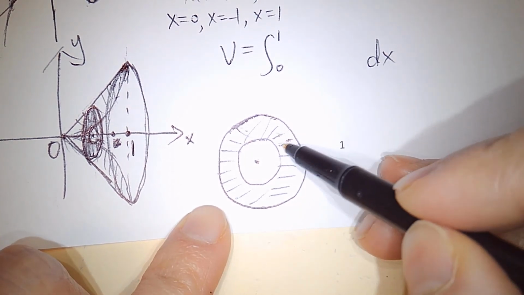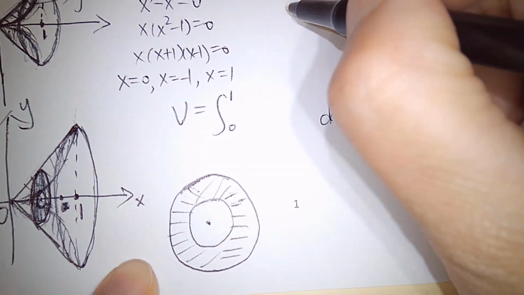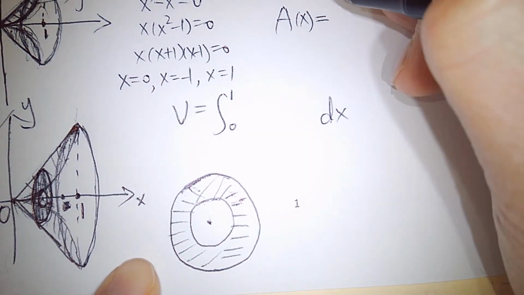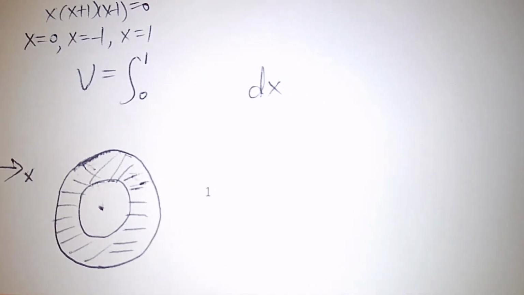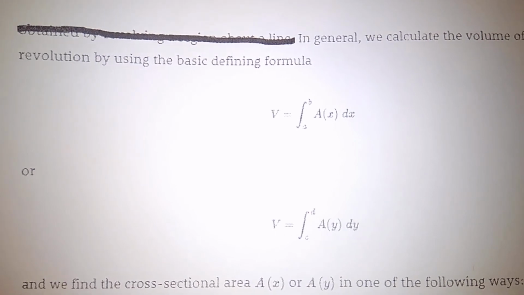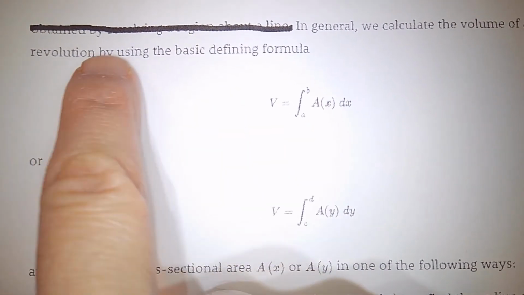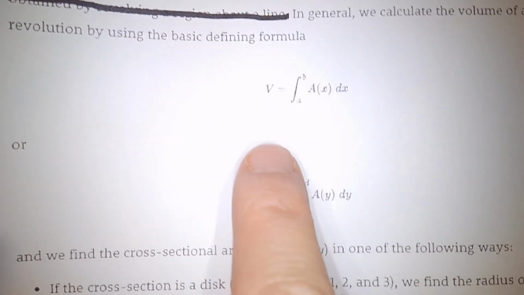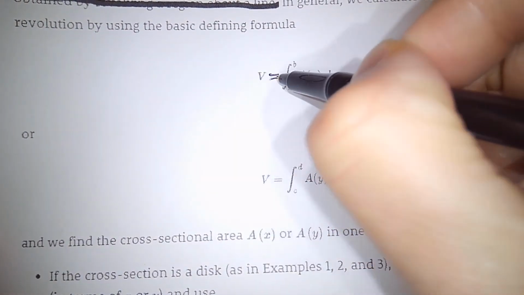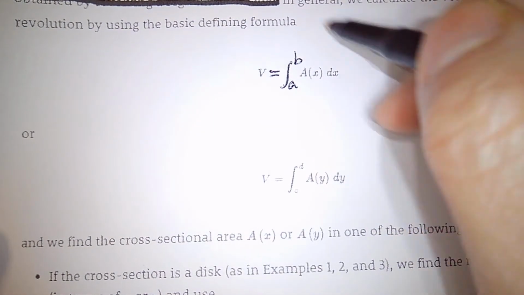For a washer, how do you find the area? Here it's summarized on the third page of the notes. In general, we calculate the volume of a solid of revolution by using the basic definition formula, either V equals the integral from a to b of A(x) dx. This is what we're currently doing.